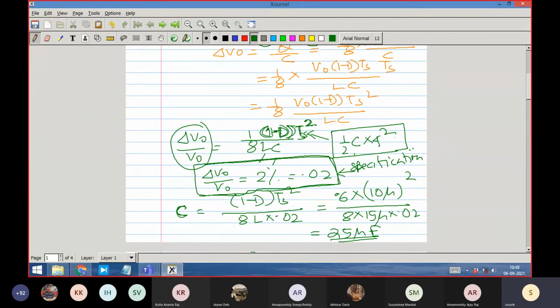If 100 kilohertz is the switching frequency that you have chosen, which is a decent switching frequency for a power like this, it is not a very high power converter. It is a 16 watt converter. But sometimes power converters are very low wattage, even 2-3 watt, then you can even choose a 500 kilohertz or 1 megahertz switching frequency.